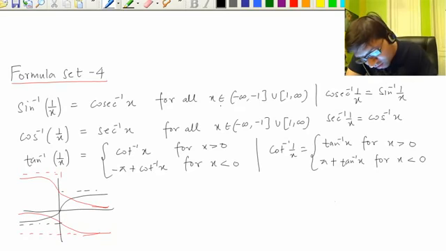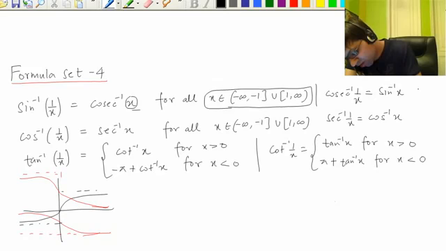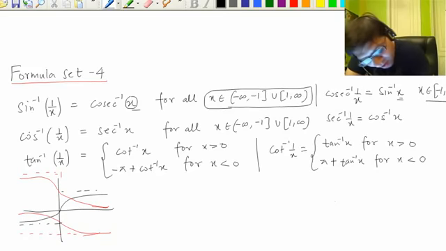And this is true for all the values in the domain of cosec inverse x; these are the values x can take. And vice versa is also true: cosec inverse 1 by x equals sine inverse x. The domain will change, x belongs to minus 1 to 1. The domain we see from this side, and this also satisfies.